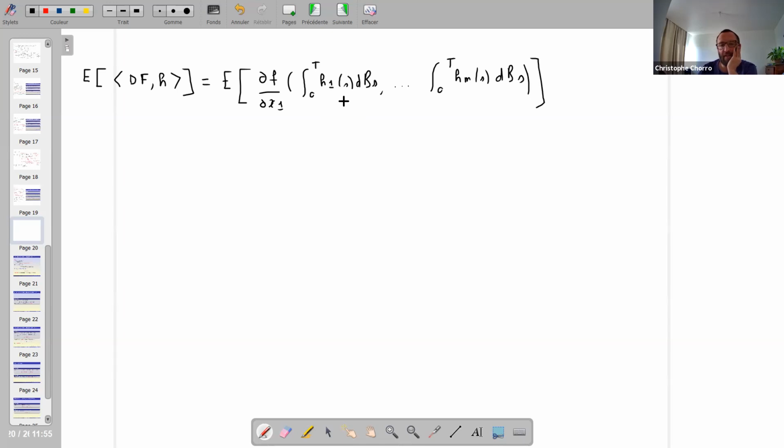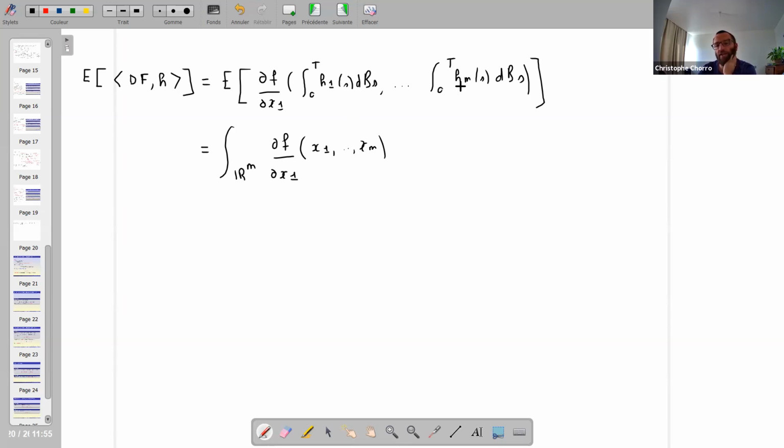But this expectation, since here I have n independent N(0,1) variables, I can write as an integral with respect to R to the power n of the partial derivative of f with respect to the first variable at the point x1, ..., xn, multiplied by the density of this Gaussian vector.